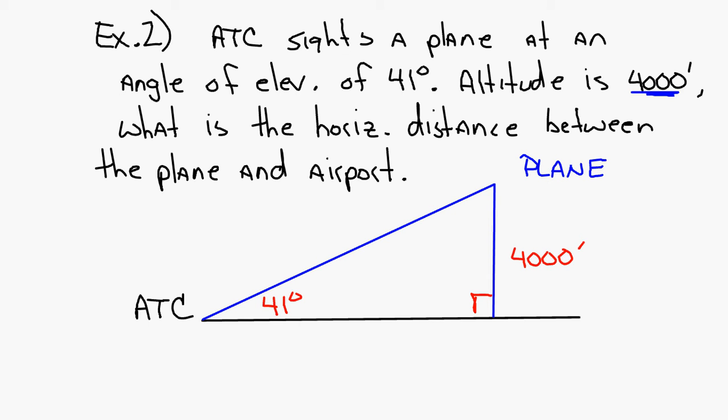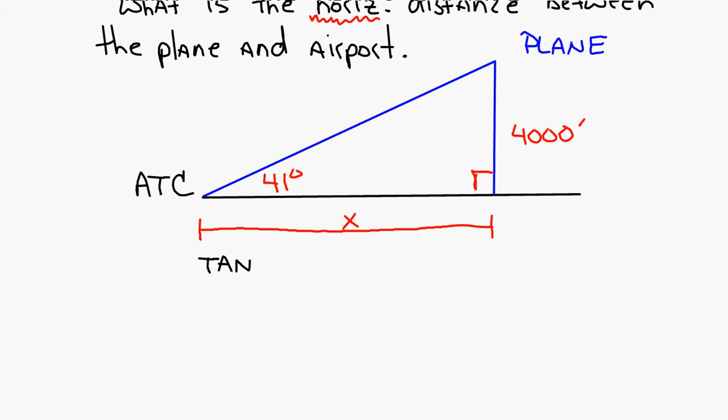What is, here's the key word, isn't it? The horizontal distance between the plane and the airport. So you're looking for this piece of the triangle. Here's your horizontal distance. Call it what you like. So this becomes opposite and adjacent, doesn't it? Opposite and adjacent is which ratio? Tan. So tan 41. Tangent of 41 is equal to the opposite side divided by the adjacent side.